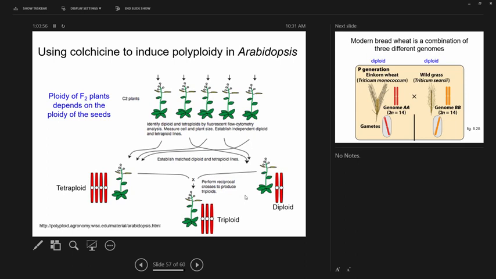Then to get a triploid from that, all you have to do is cross the tetraploid, which makes gametes that have 2 of each chromosome, to the diploid, which makes gametes that have only 1 of each chromosome, and then you get 3. I'd imagine this is how it works for the seedless watermelons, right?